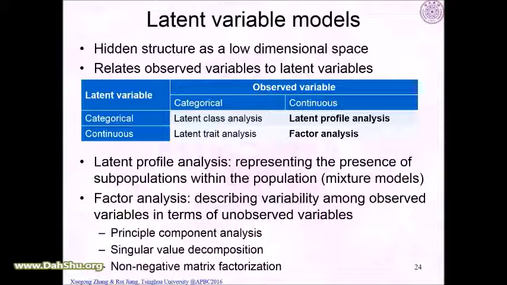If the latent variable is categorical, these are the classes, and the observed data are continuous, this is the case of latent profile analysis. If the latent variable is continuous and the observed variable is also continuous, we get factor analysis. The Gaussian mixture model is an example of latent profile analysis, where the underlying latent variable is binary, and we assume the data are from a mixture of two Gaussian models.